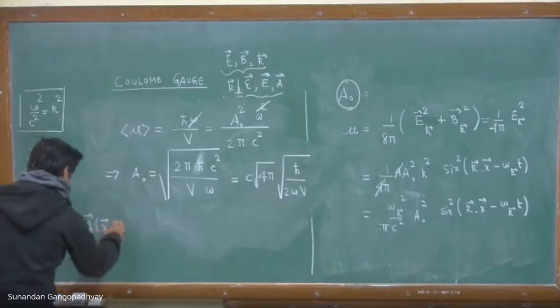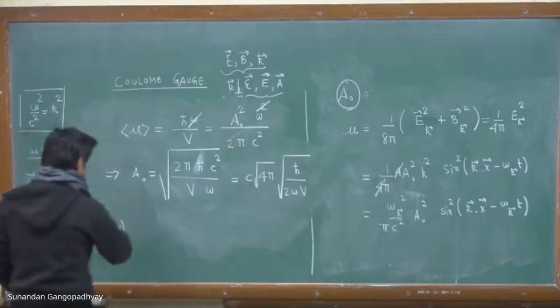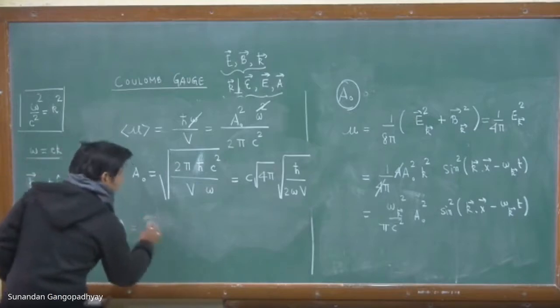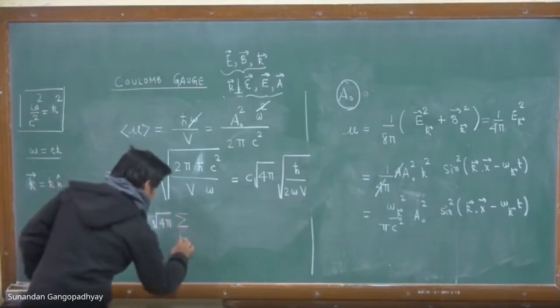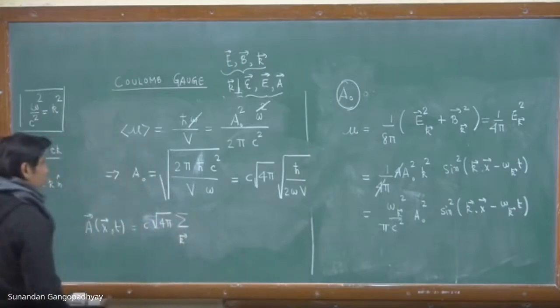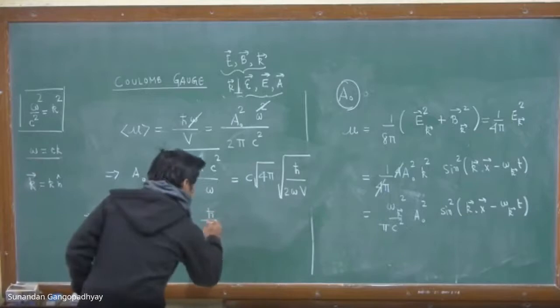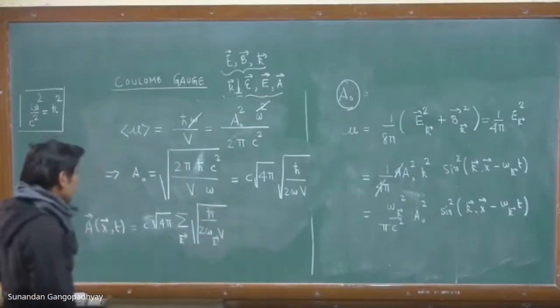Now you can write down your expression for the vector potential, with the value of this constant fixed. This is basically nothing but c √(4π), summation over k vector, √(ħ / (2ω_k V)).